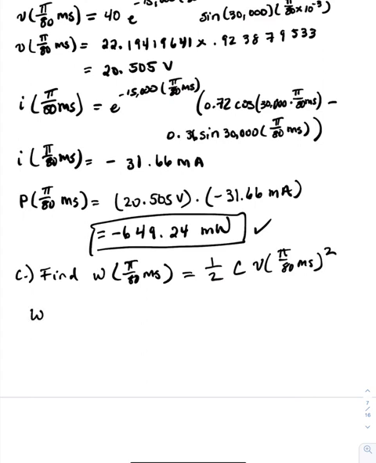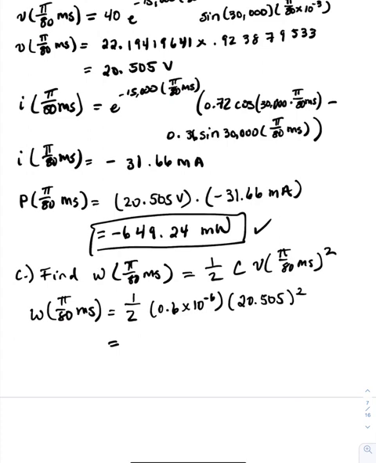So that would give us 1/2, the capacitance is 0.6 microfarads and our voltage is 20.505, and that's squared. So that would give us 126.137 microjoules.